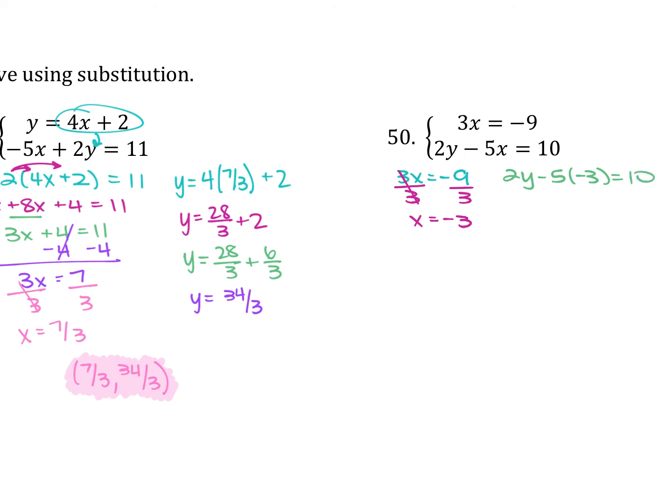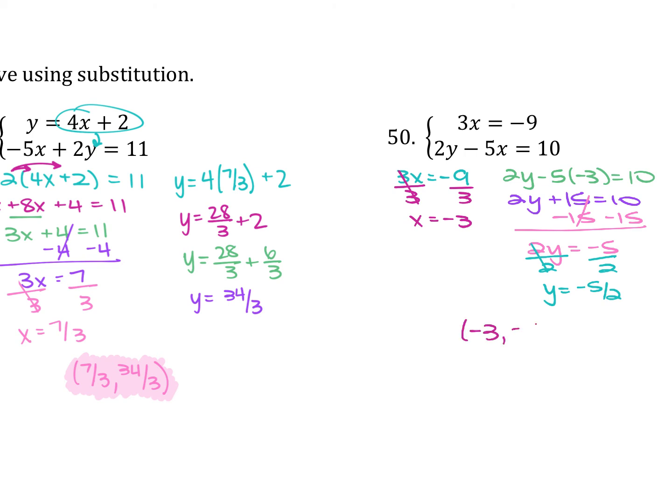The -5 times -3 is positive 15, so that's 2y plus 15 is equal to 10. Subtract 15 from each side. You get 2y is equal to -5. Then divide each side by the 2. So you get that y is -5 over 2. You have your x, you have your y. That means that your solution for this one is -3, comma, -5 halves.